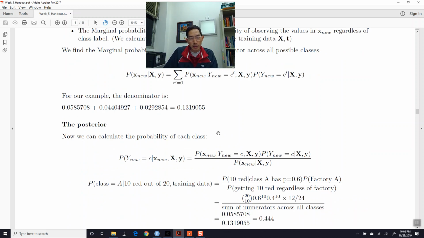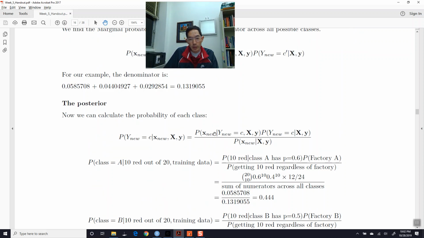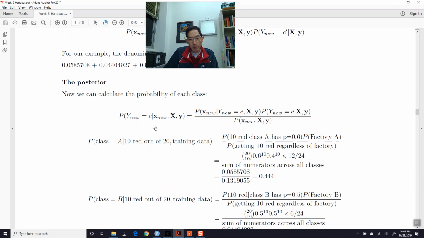Okay, and so finally, we're going to throw in all of these numbers and get the posterior probabilities. So what is it? The probability that it came from factory A, given that in our data, we saw 10 red out of 20 marbles.